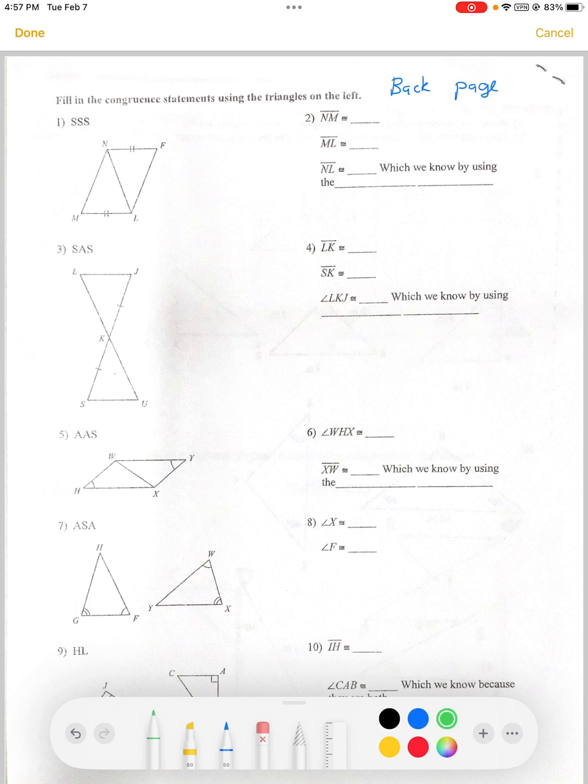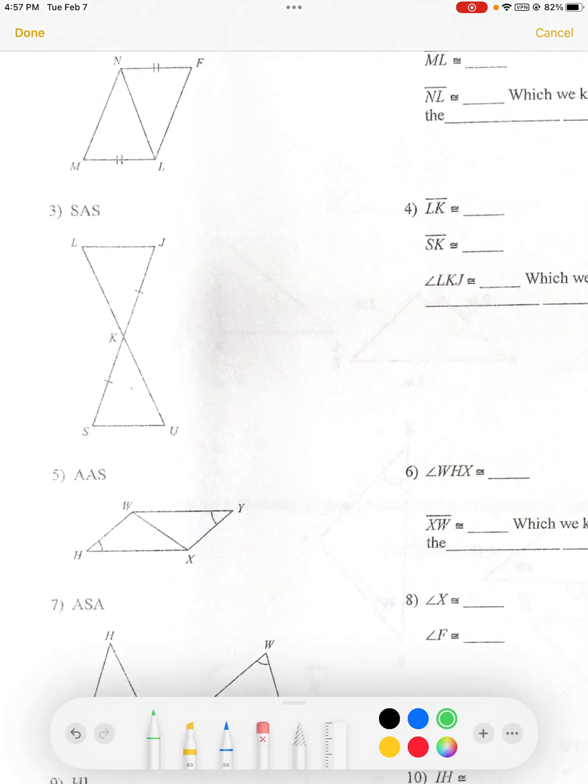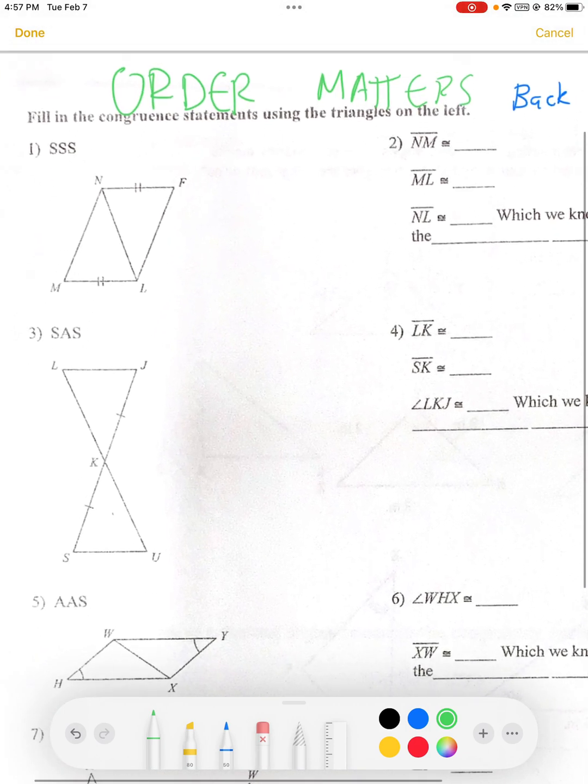I want you to, at the very top of this, put in big letters, order matters. You have to make sure that your segments are written in the same consistent order. So for example, consider the side NM. It's right here.